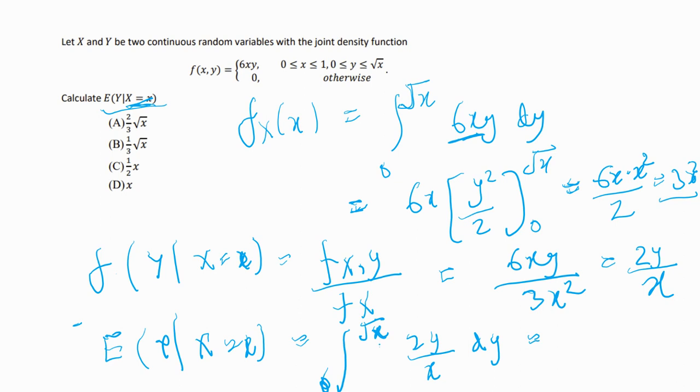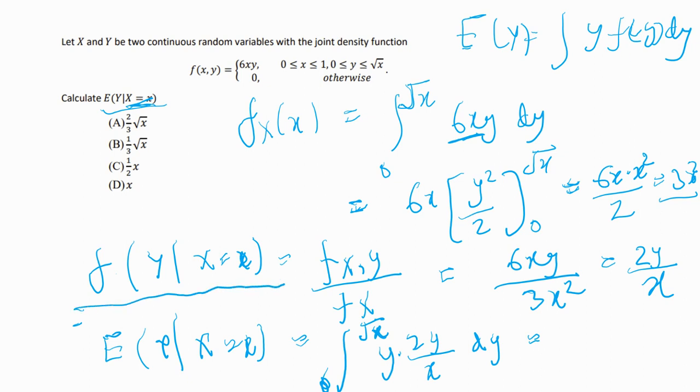Sorry, y into that, because the expectation of y generally is the integral of y f(y) dy. So if you have y given x is equal to x, it will be y times f of y given x is equal to x. Let me just write it.